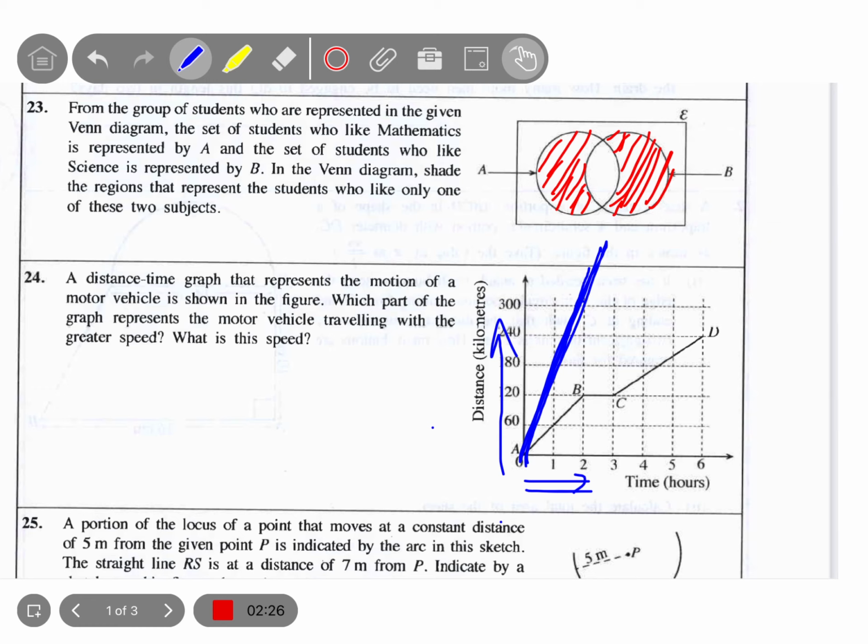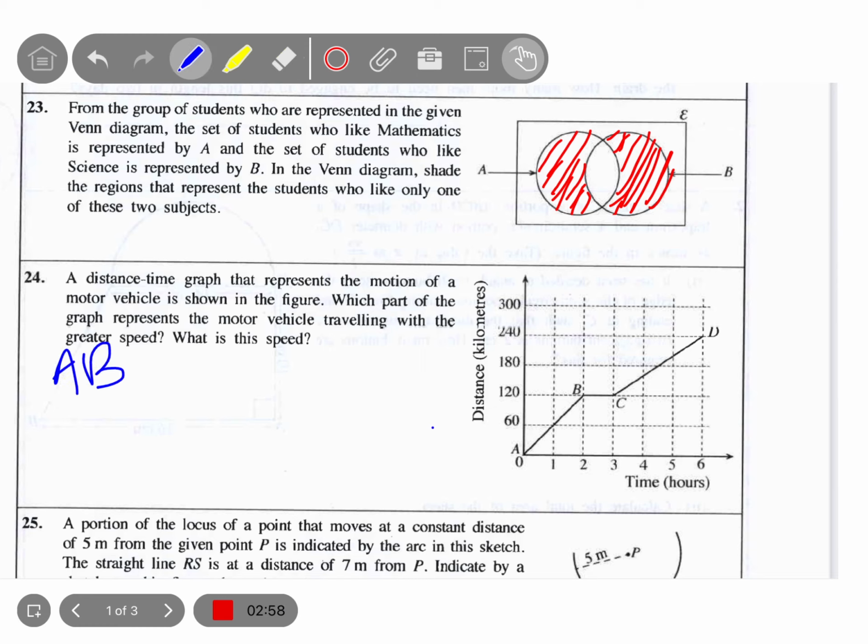In a graph like this, if the slant or the gradient of the line is higher, or it's more towards the y-axis, then that will be the fastest. So given the lines, is AB closer to the y-axis in terms of gradient, or is it BC, or is it CD? Obviously AB, right? So the answer should be AB.